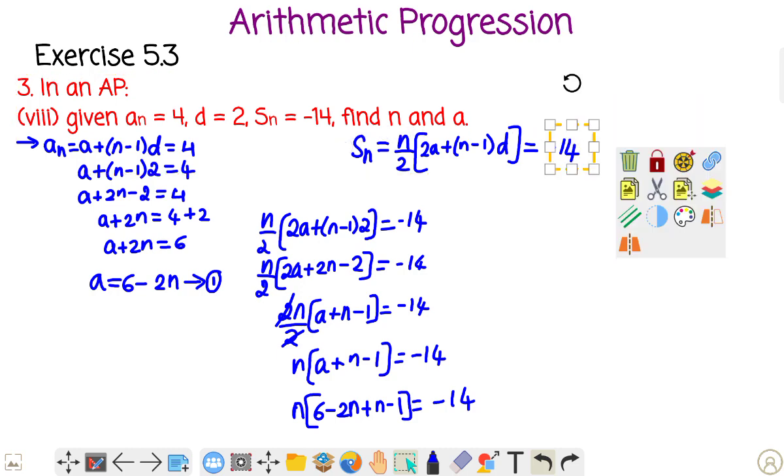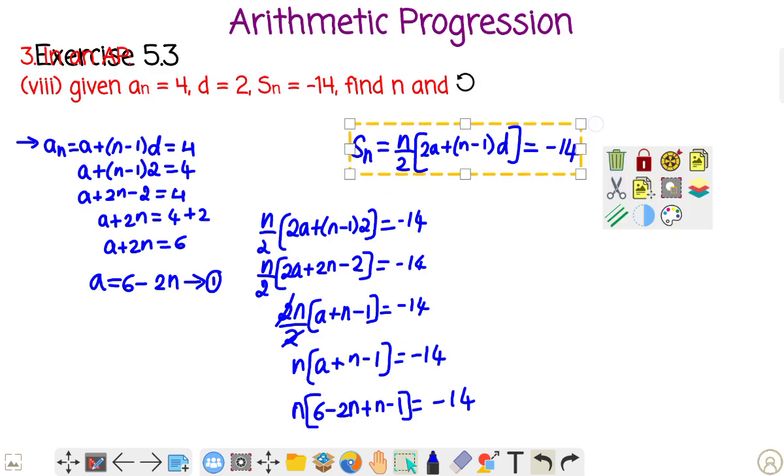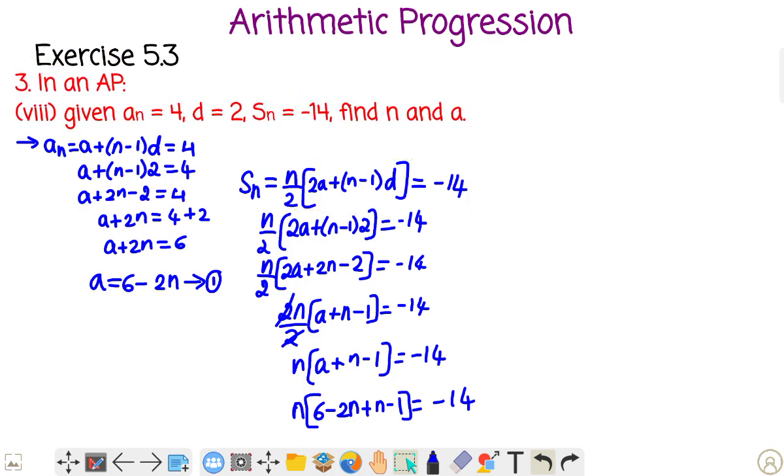Okay, let it be. So I'll get n into 6 minus 1 is 5, minus 2n plus n is minus n, is equal to -14.